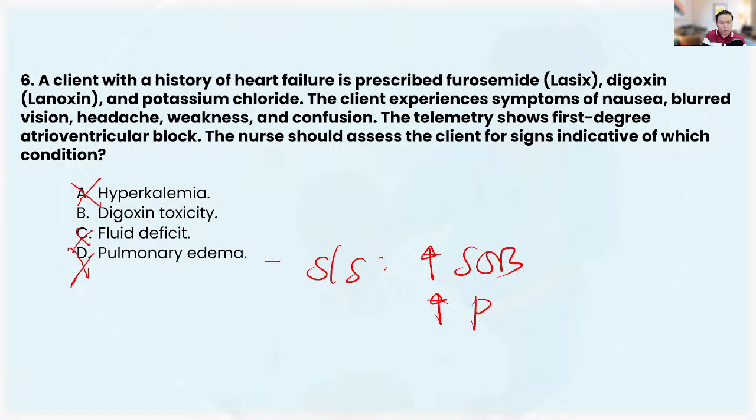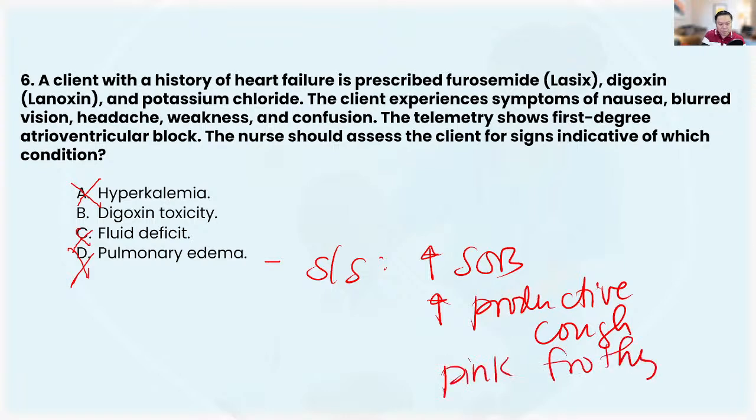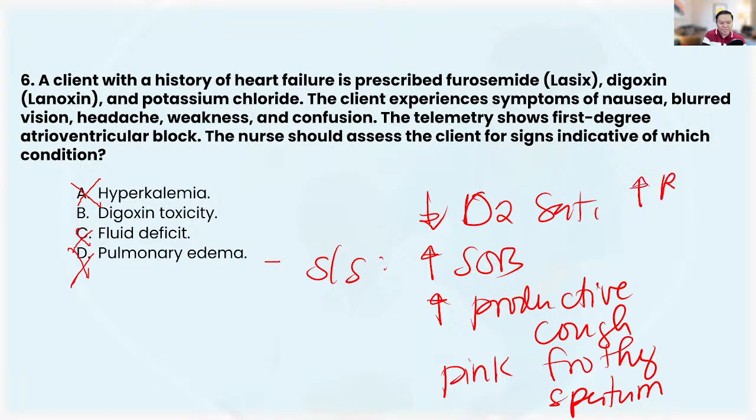There will be productive cough, pink, frothy sputum, and of course, decreased O2 saturation, increased respiratory rate, of course, tachycardia as well. Okay, so those are your typical signs of the pulmonary edema. So it's not coinciding with the manifestations that we have.